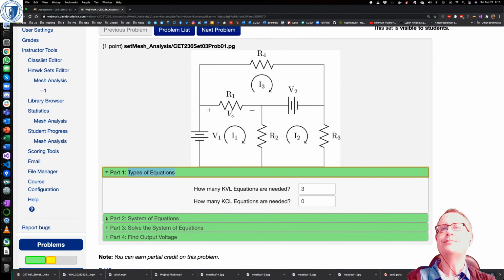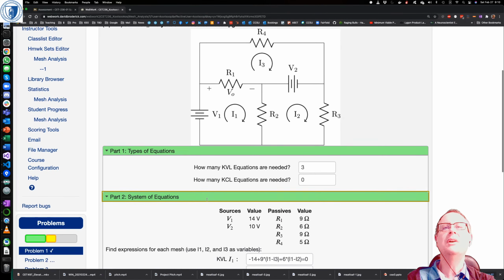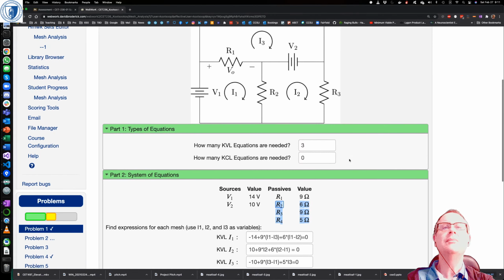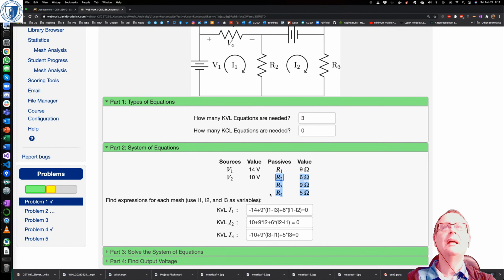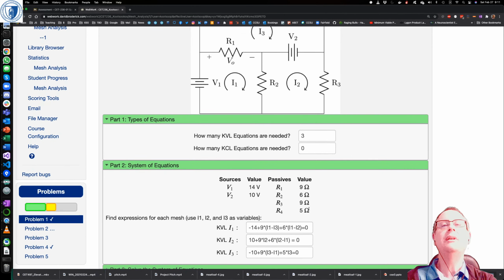And then the system of equations gives you some values for the voltage and values for the resistors in the circuit. And then you've basically got to try and figure out what the equations are, right?